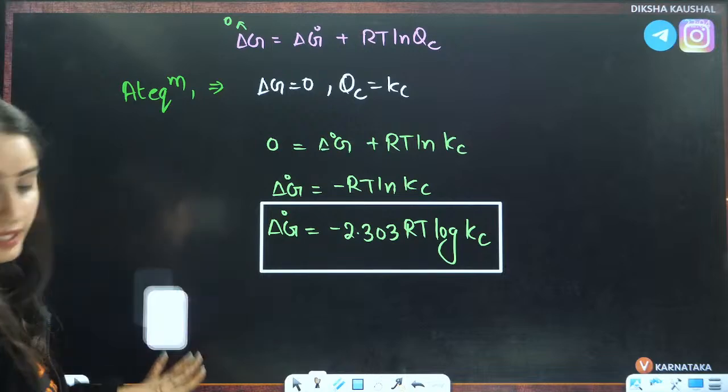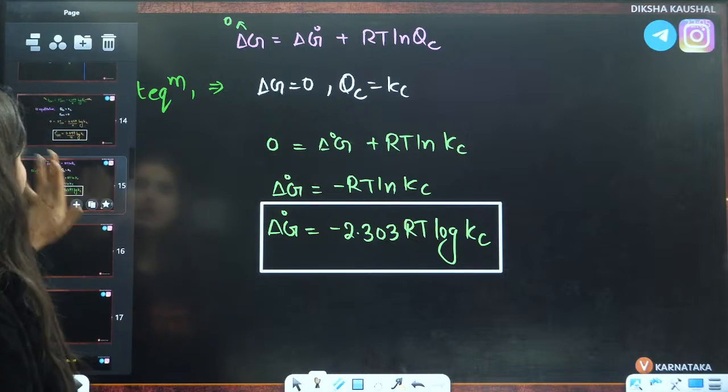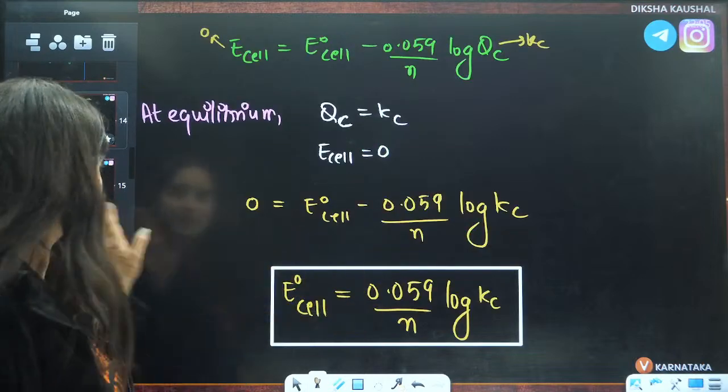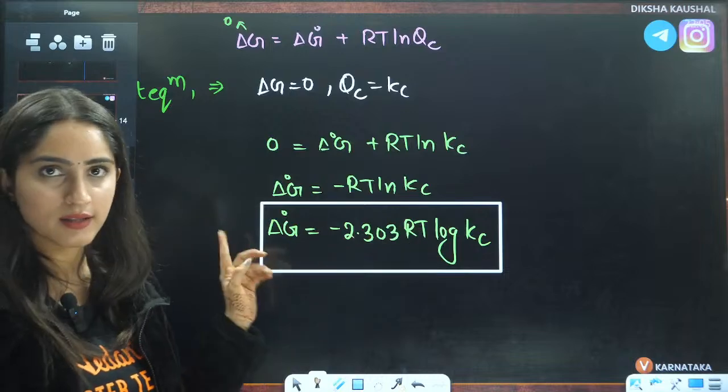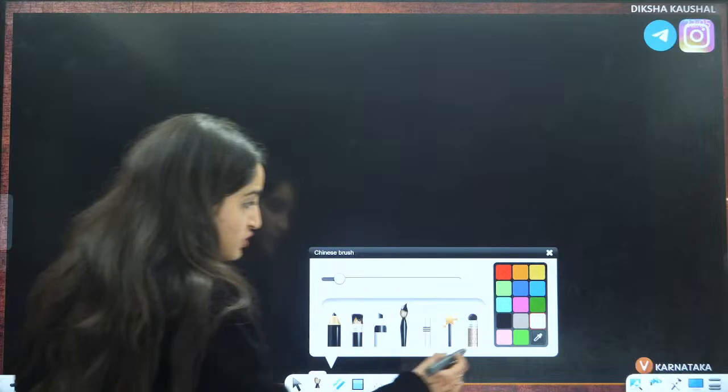Very good. Now there is one more formula. E naught cell and KC, and delta G naught and KC. These values we have calculated. From this, there is one more equation.